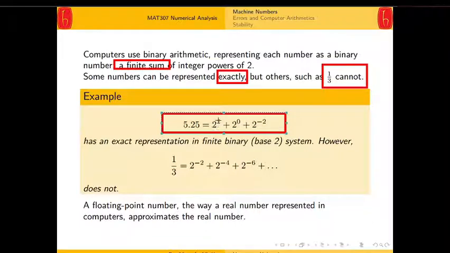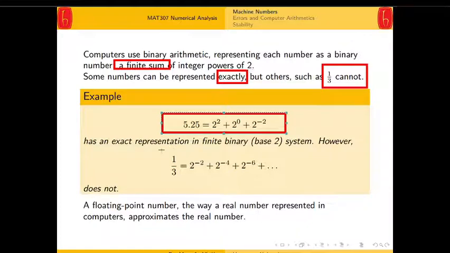So this will be basically 4 plus 1 plus 1 over 4, so 0.25. This will be 5.25, which is here. This number has an exact representation in the finite binary system because this is a finite sum of integer powers of 2.